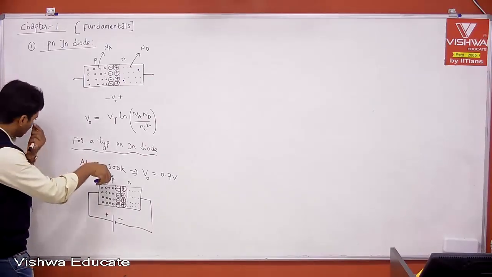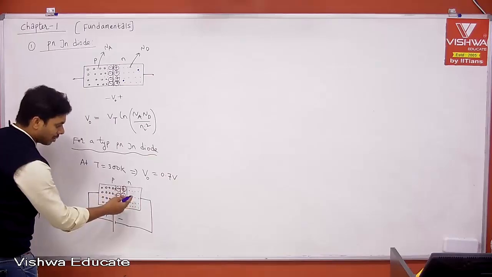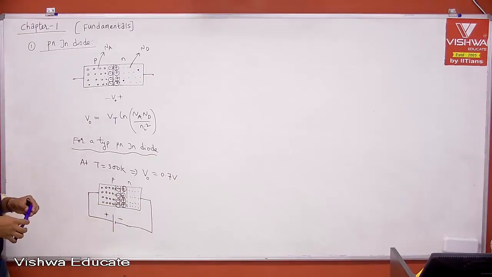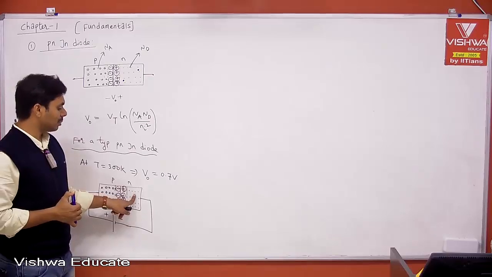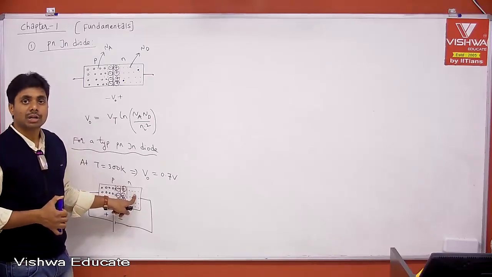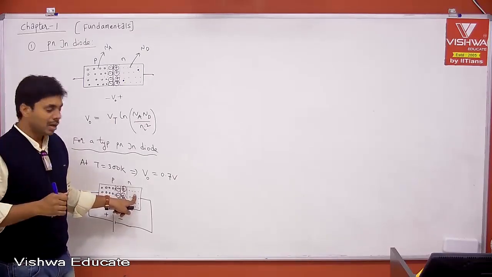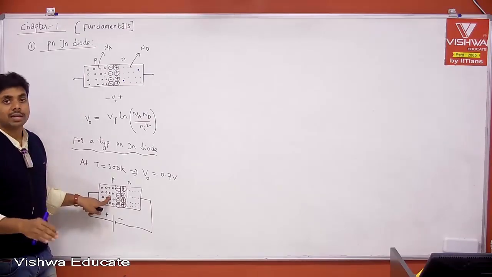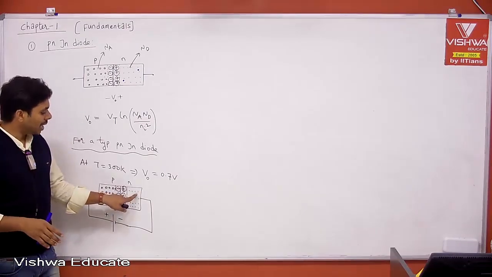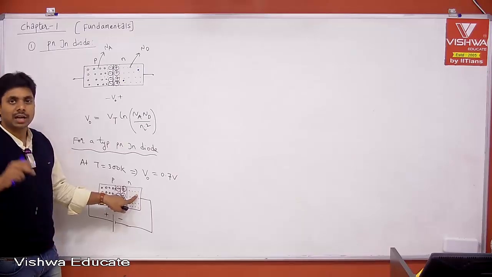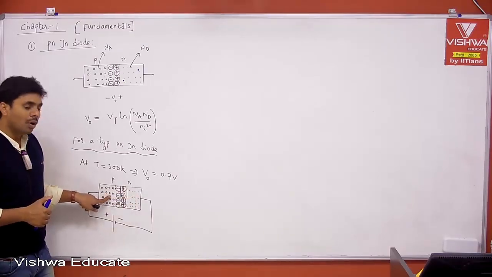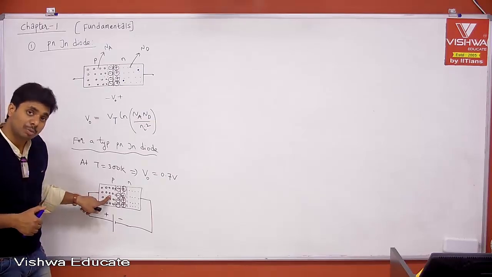Inside the p-n junction diode, we have two types of carriers: number one, electrons, number two, holes. Remember, when I say electron, that is a free electron, one in the conduction band. When I speak about holes, that is the absence of electrons in the valence band.